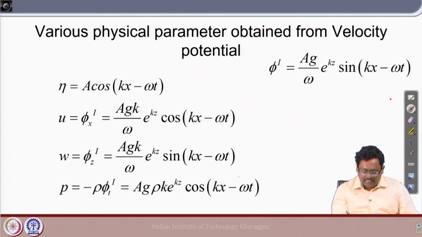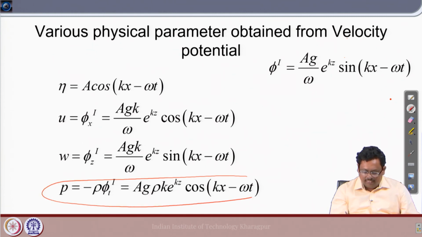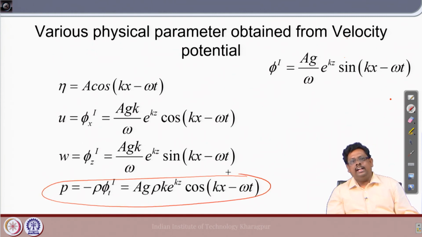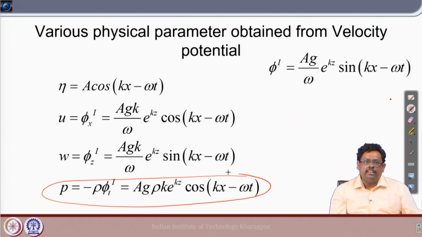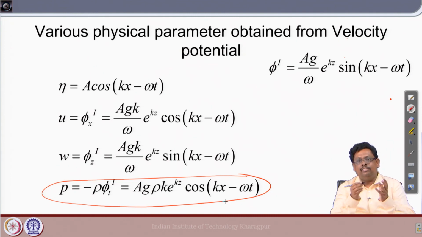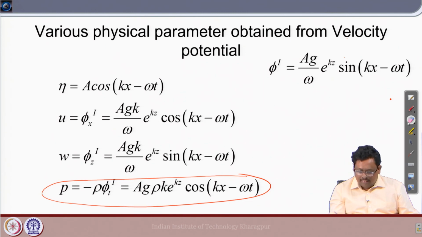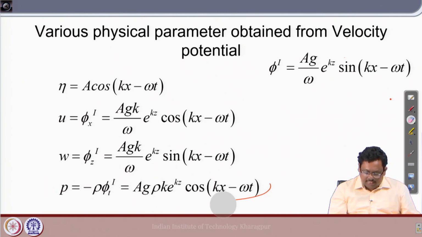Now, this is extremely important for this course. This is how I can get the pressure around the body. What is the pressure because of this incident wave potential around the body? This is the expression. Once I integrate this pressure, I can get the force, and that force is called the Froude-Krylov force, and this is one of the major forces for ship wave interaction.